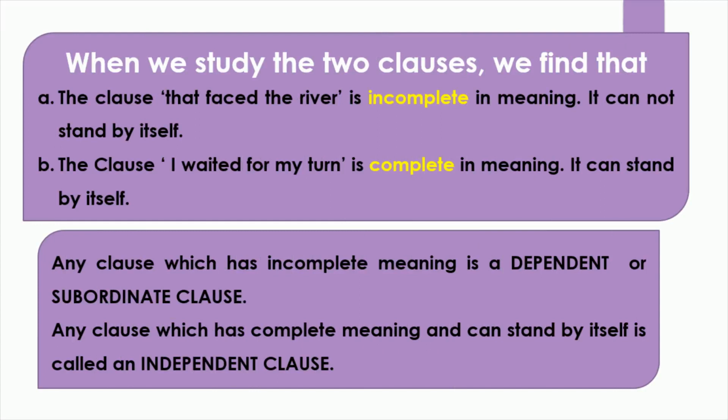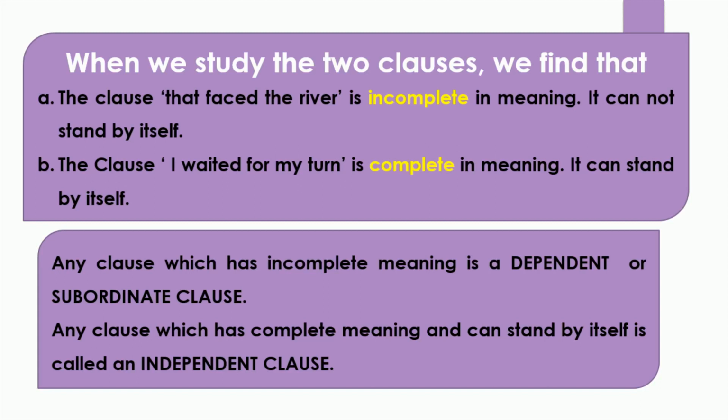The clause that faced the river in sentence 2 is incomplete in meaning. It is not able to stand by itself. It is dependent on the first clause, I sat in the lawn, for complete meaning.